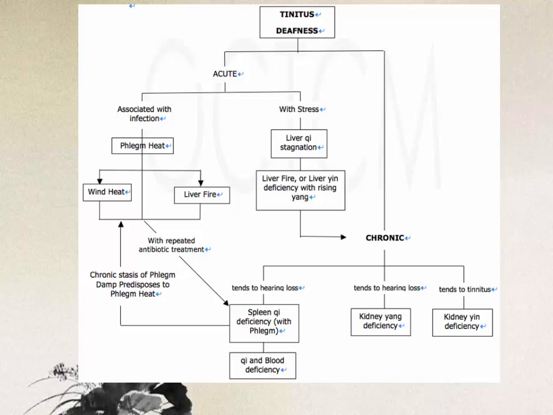So the spleen is often responsible for our systemic body's energy, and also the spleen and pancreas produce blood. So when we have a chronic spleen deficiency, we often end up having systemic weakness of blood. So if you see signs and symptoms that indicate systemic qi and blood deficiency, and we have deafness and tinnitus, you can think that that's related to the spleen weakness, which we didn't really talk about here, but that's okay.